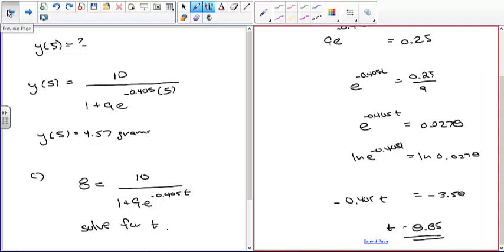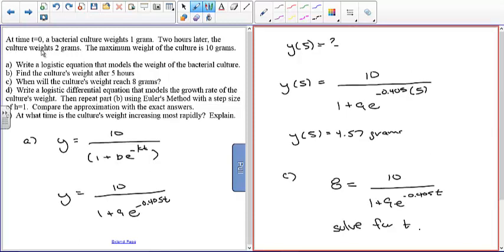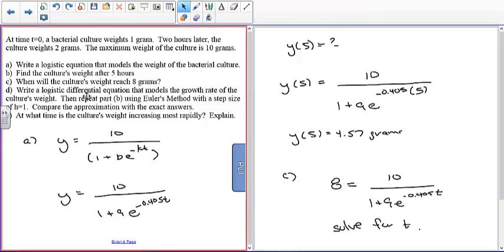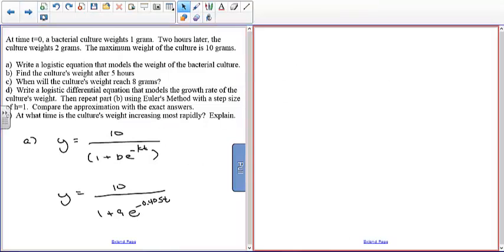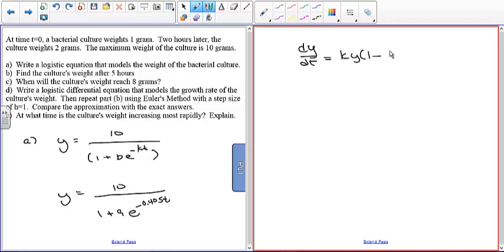Okay. The last two, I'm not going to go into a huge amount of detail. It says write the logistic differential equation. So the original differential equation was that dy/dt was equal to ky times 1 minus y over L. Let me double check, make sure I did that right.